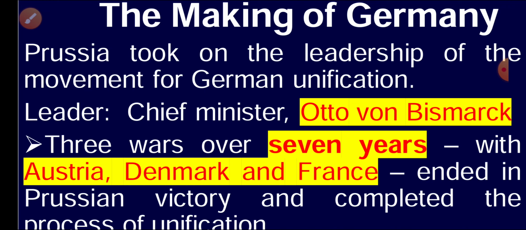Means he fought 3 wars with Austria, Denmark and France, and ultimately in 1871, Prussian king William I was proclaimed as German emperor.